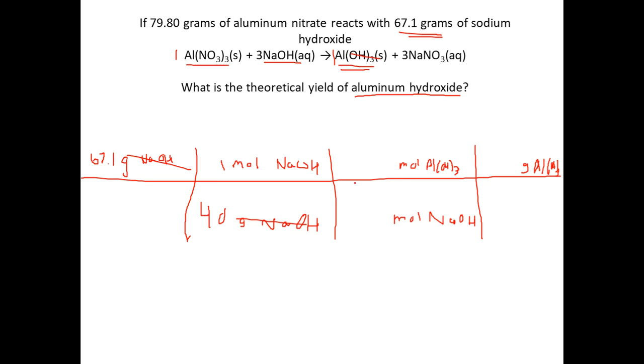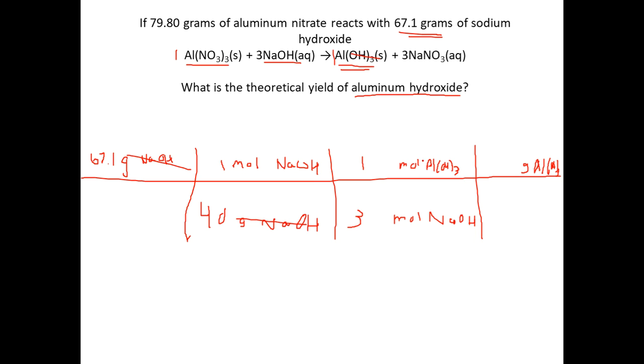So if I look at the equation, for every 1 mole of aluminum hydroxide I have, there's an imaginary 1 here, there are 3 moles of sodium hydroxide. So it's a 1-to-3 ratio. So that's going to help me out here. All right, so I use my mole ratio in order to go from moles of A to moles of B, moles of sodium hydroxide to moles of aluminum hydroxide.